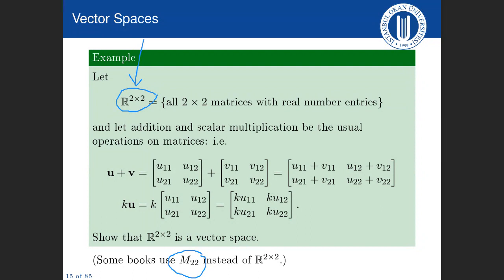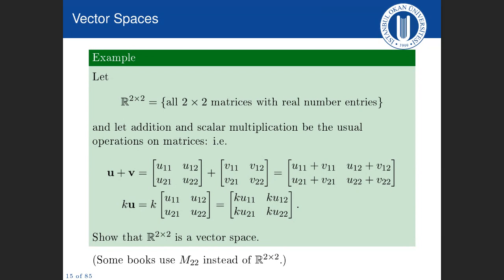We have 2 by 2 real numbers arranged in a grid. And then if we wanted to use a different set like C to the power 2 by 2 or Z to the power 2 by 2, then the notation is consistent. Let addition and scalar multiplication be the usual operations on matrices, just matrix plus matrix or matrix multiplied by a number. Show that R to the power 2 by 2 is a vector space.